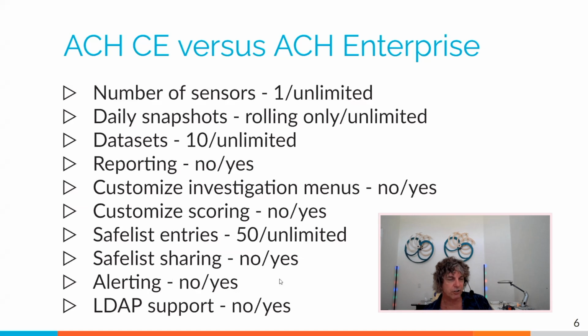But the question around Syslog alerting: that is available in the enterprise edition, but not in the community edition. The thought process is that in an enterprise environment, I'm going to do some hunts, and if something changes, I'm probably going to have a SOC where people monitor these types of alerts to see, hey, 192.168.1.50, its score just changed by 50 points, I should go in and take a look at that.